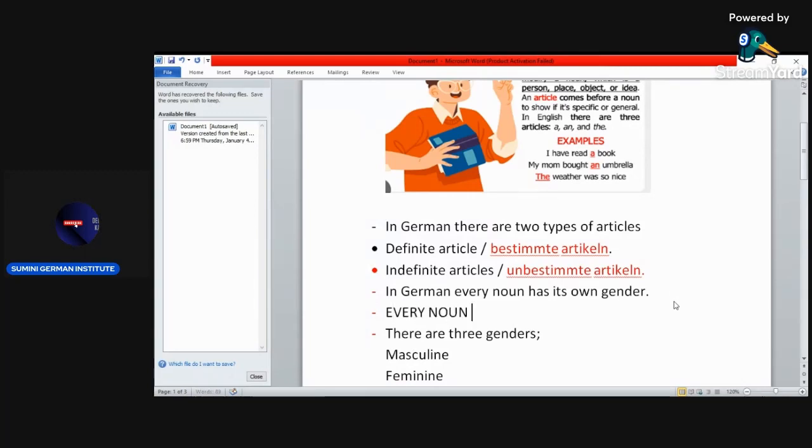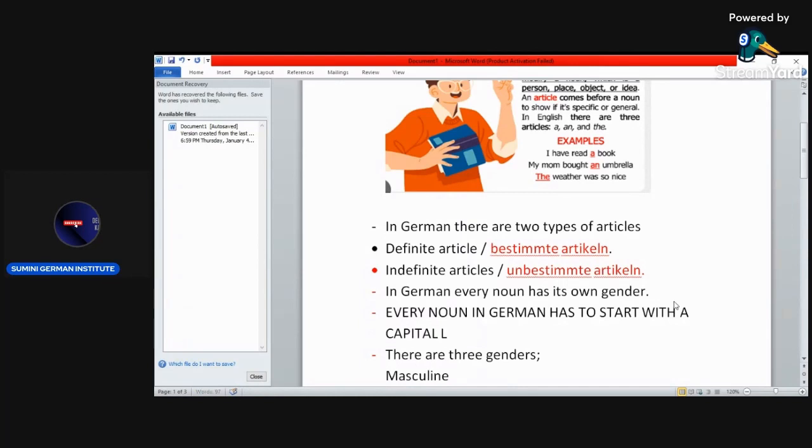Also, something else to note is every noun in German has to start with a capital letter. For example, a pen in German is called Kuli.